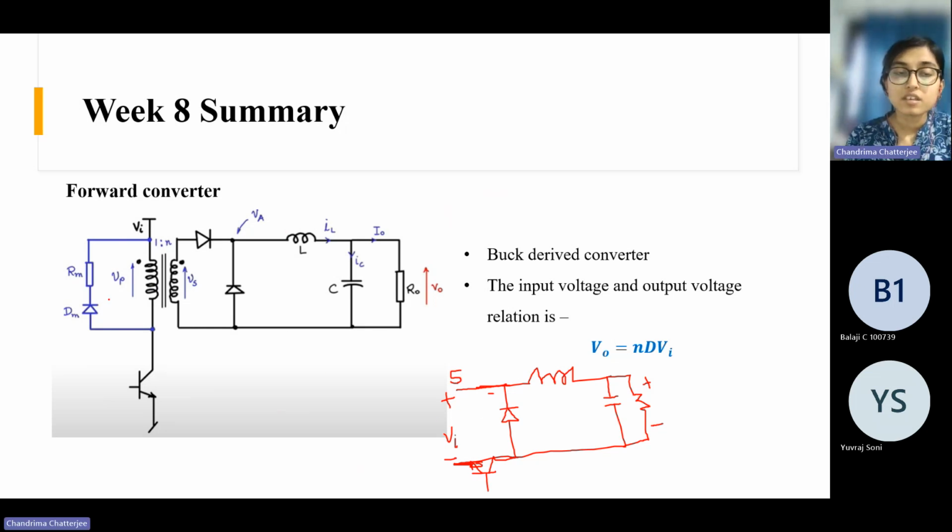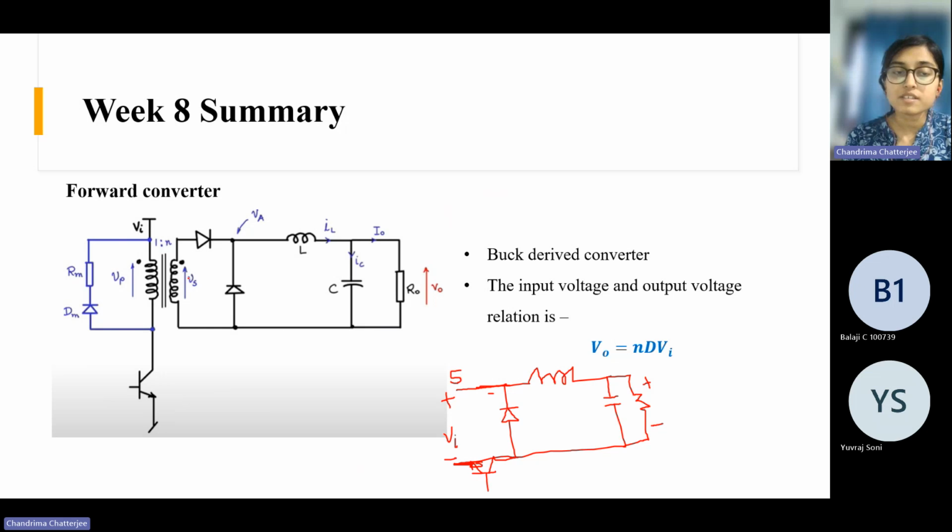Another change is that we have to provide isolation because we want an isolated converter. That's why we have put a transformer here. If you see this part, this diode, then this inductor and capacitor, this part is identical to a buck converter. The first change, as I told, is that the switch is shifted here.